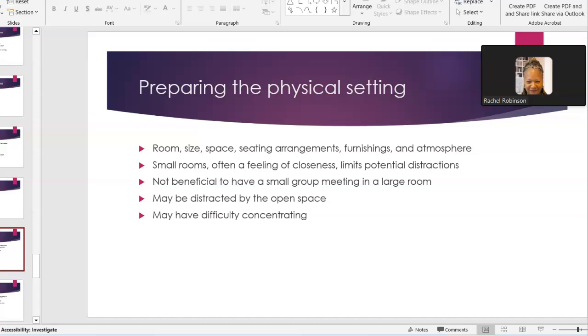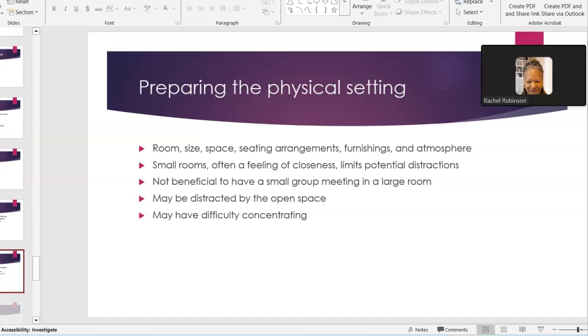So you also want to make sure that the room is relative to the size of the group. If Nancy's only going to have 7 people in her group, she's not going to get the auditorium. She could get a conference room, something like that. But the auditorium, there's more room for distraction.